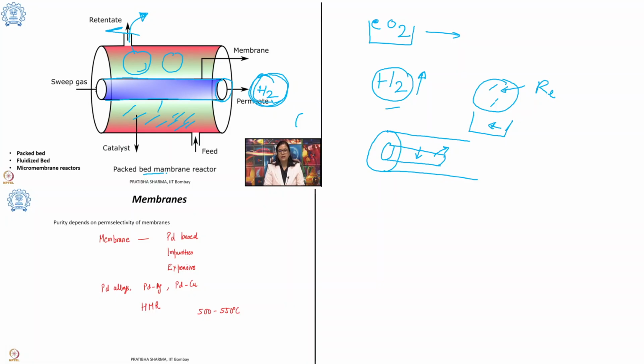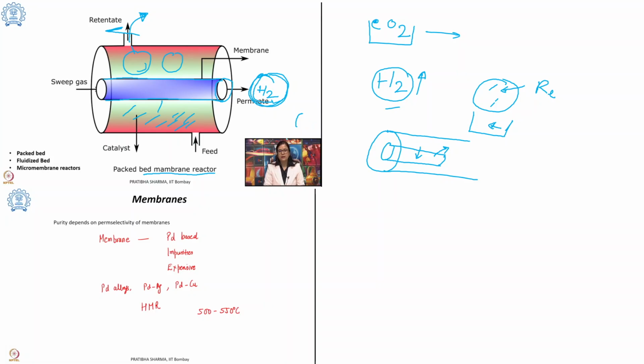Okay, this is the packed bed membrane. Packed bed membrane means the catalyst is packed with a support, and that's why it is called packed bed membrane. And there is another kind, the fluidized bed. In the fluidized bed, the catalyst is also used, but in fluidized form, I mean whatever air is given to the reaction chamber will be high speed and high pressure air.